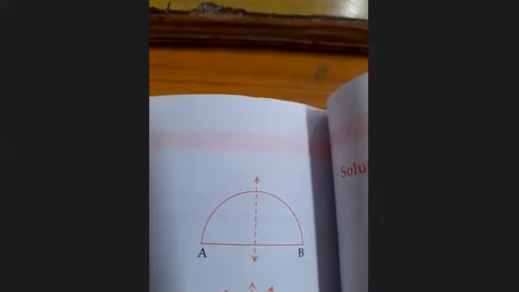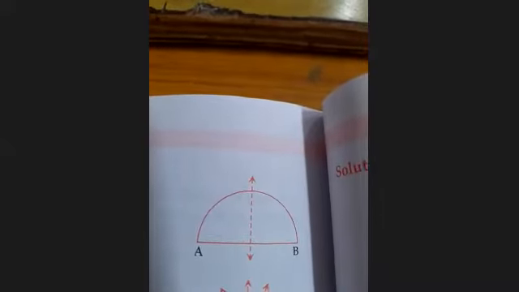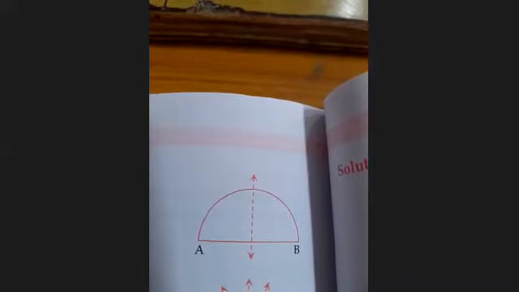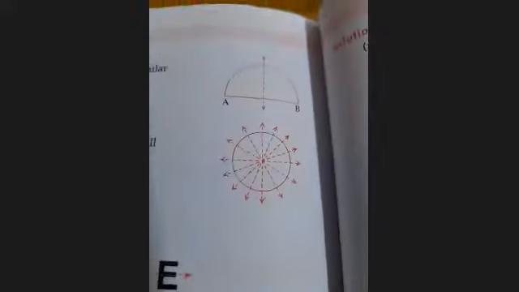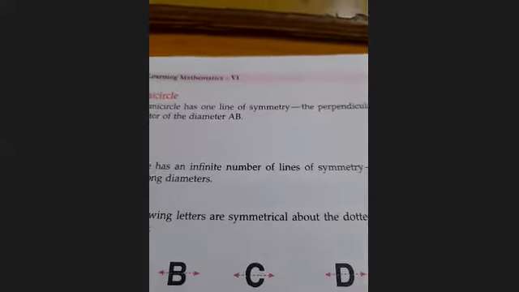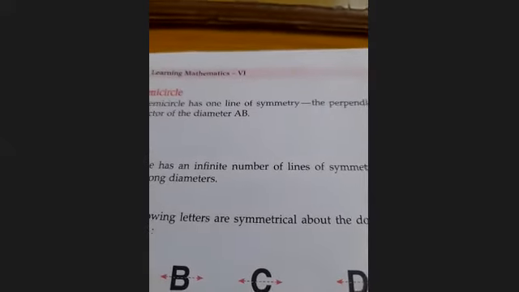Next 2 figures are a semicircle and a circle. Yes, students, a semicircle has only 1 line of symmetry. And this is a circle. A circle has an unlimited number of lines of symmetry.